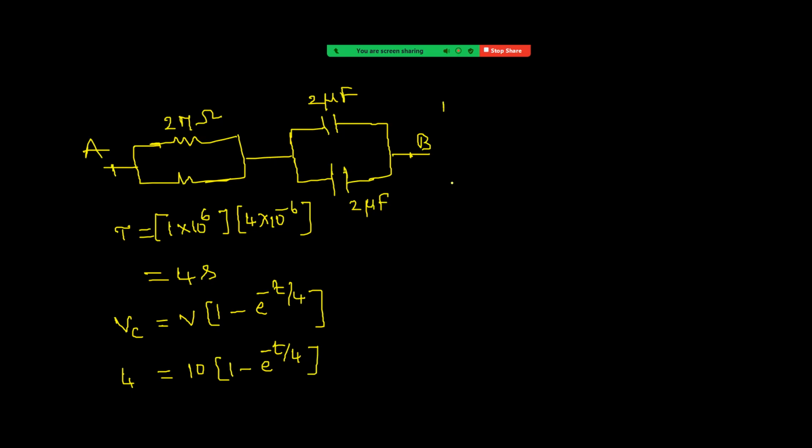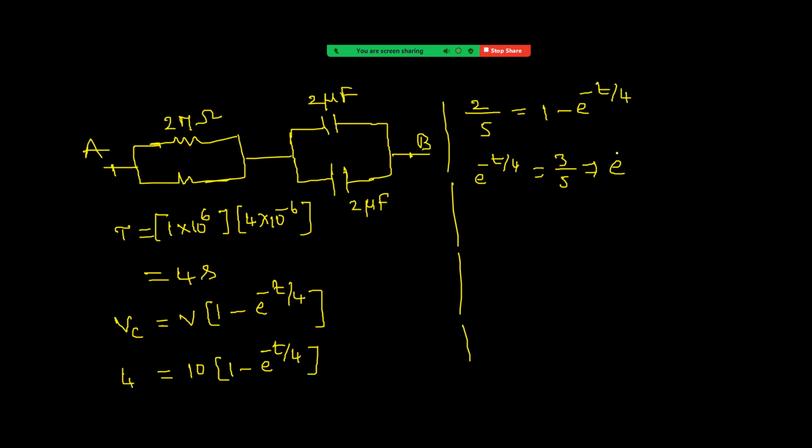Now see the calculation. 4 by 10 is 2 by 5. 2 by 5 equal to 1 minus e power minus t by 4, or e power minus t by 4 equal to 1 minus 2 by 5, that is 3 by 5, which implies e power t by 4 is equal to 5 by 3.